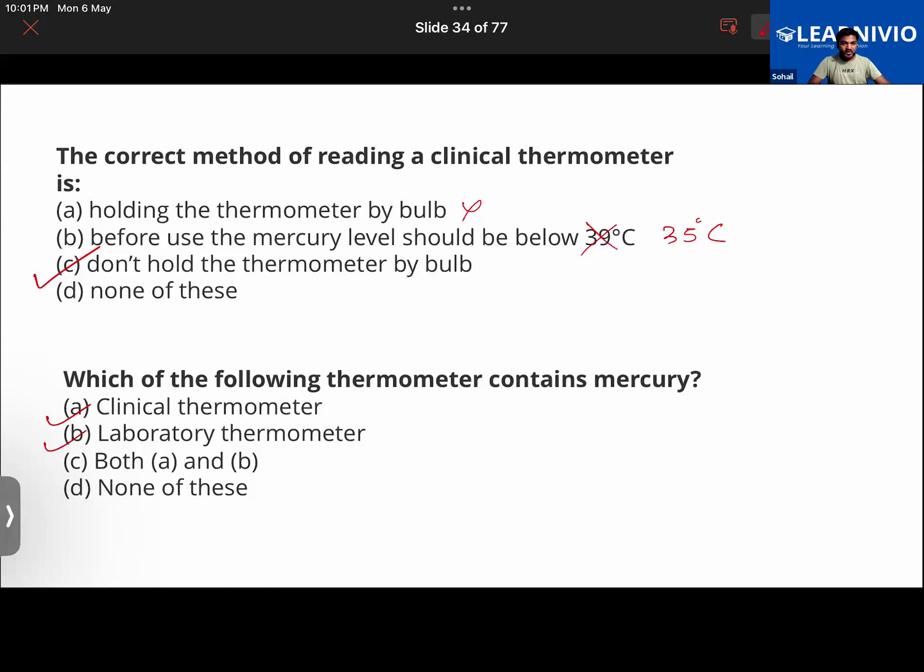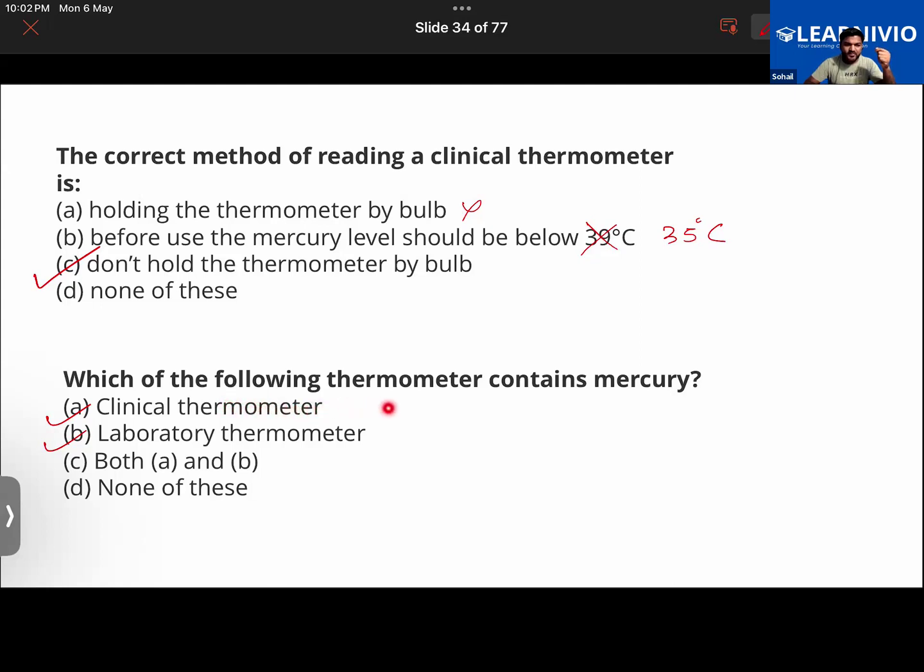See, when we talk about clinical thermometry, yes, sir, but there is a digital thermometer also. Yeah, I get your point. But generally, when this question is asked and you have such an option, both A and B, see what the questioner is asking you by clinical thermometer.